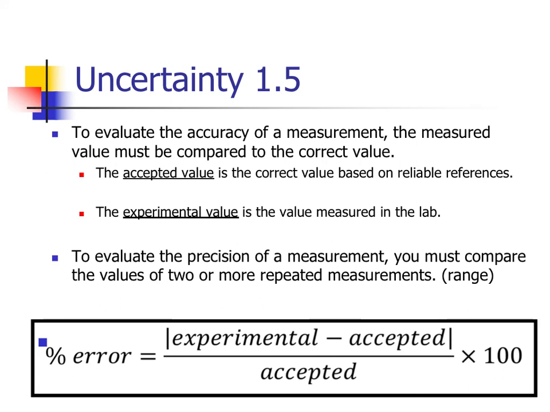Now, these lines here, some of you may or may not recognize them. Absolute values, meaning that the answer out of those can never be negative, always positive. Might seem simple, elementary, but never mind. The experimental is what you do in the lab.